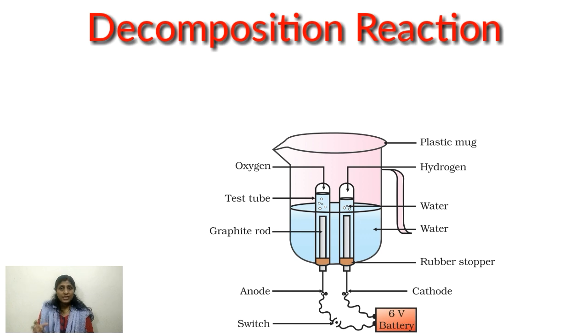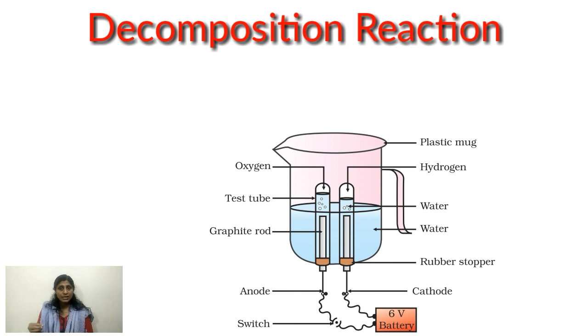The volume of gas collected over negative electrode is double the volume of gas collected over the positive electrode. Hydrogen is collected over negative electrode, and when a burning candle is brought near the mouth of that test tube, the hydrogen gas burns rapidly, making a popping sound.